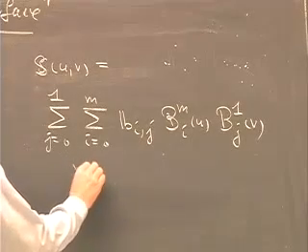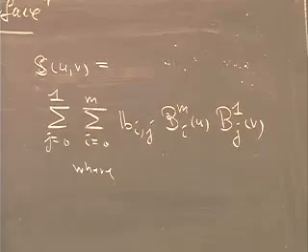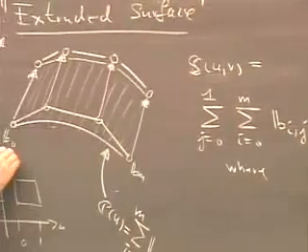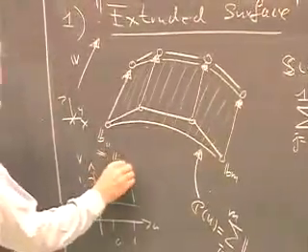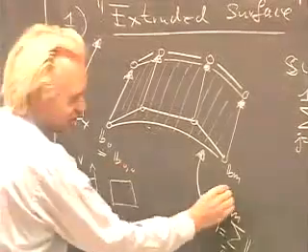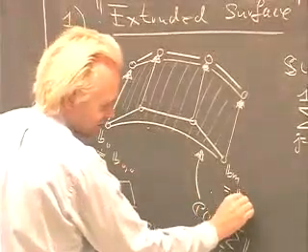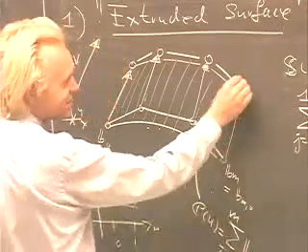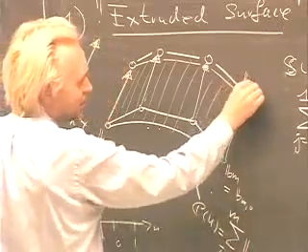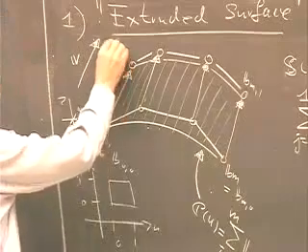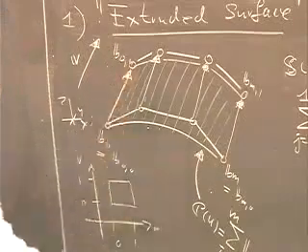Where, this guy, obviously, B0 is B00, right? This guy, obviously, is BM0. And this guy, obviously, is BM1. This guy, obviously, is B01, and so forth.